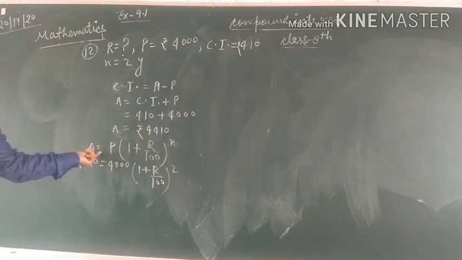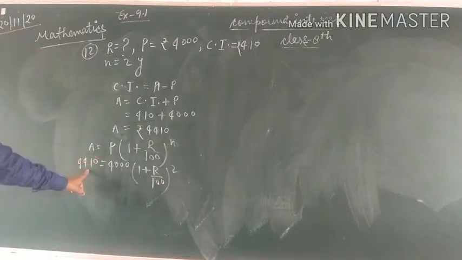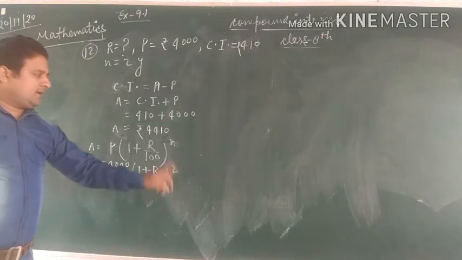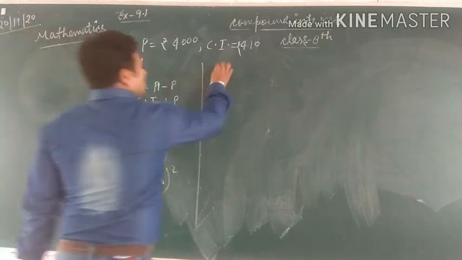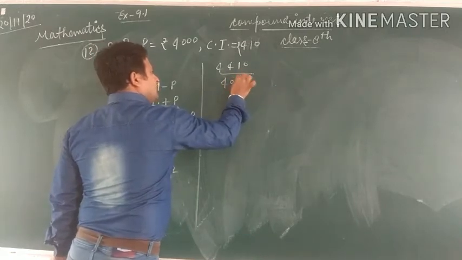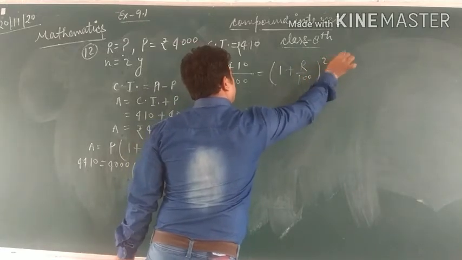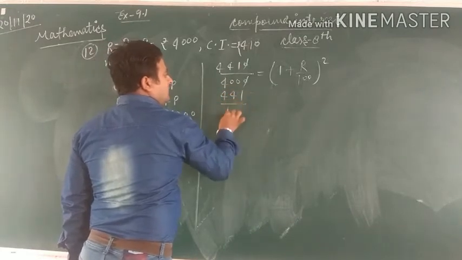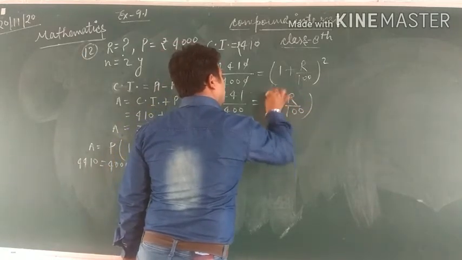Now we shall use the formula A equals P times 1 plus R upon 100 to the power n. Putting the values A equal to 4410, P equal to 4000, 1 plus R upon 100 to the power 2. Now we shall transfer the 4000 to the other side. So it will become 4410 upon 4000, equals 1 plus R upon 100 to the power 2. 441 upon 400 equals 1 plus R upon 100 to the power 2.